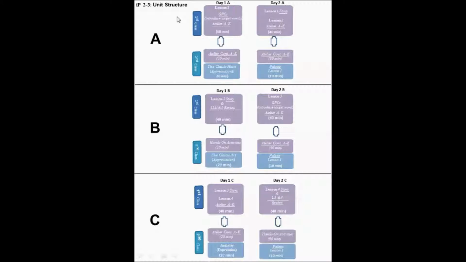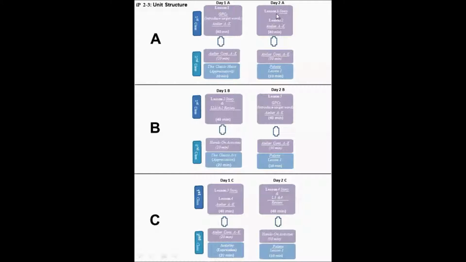Okay, so taking a closer look at the content of every class, here we're looking at day 1A. You can see here that we are studying lesson 1, and we're going to study the atelier A through K for 40 minutes. We'll take a 5-minute break, and then we'll continue on with any components we haven't finished through A through K for 20 minutes. Then we'll finish the class with the classic. This day is music appreciation.